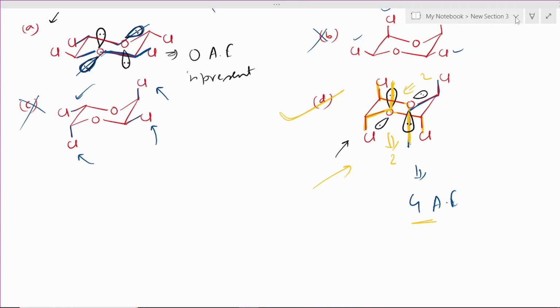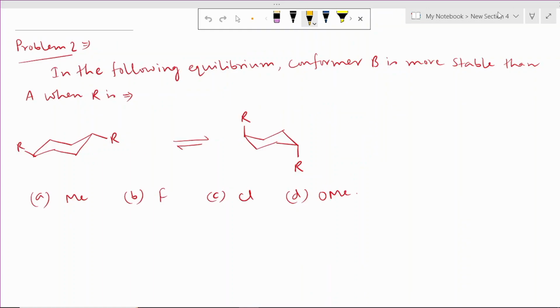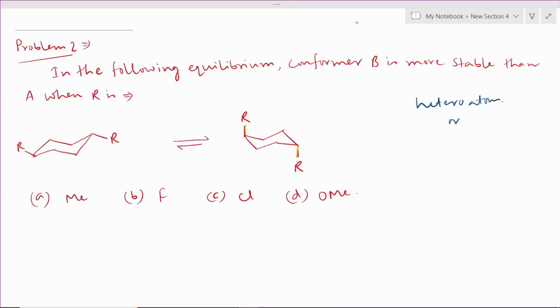Now we move on to the next problem. We have to find out, in this problem, when this R group is in axial position. So far we have discussed that the anomeric effect occurs only when the group is a heteroatom or is polar.